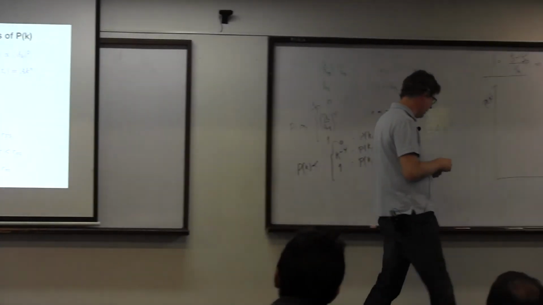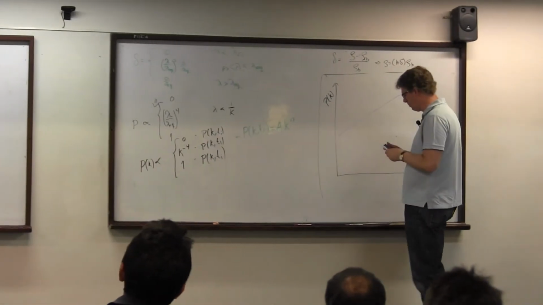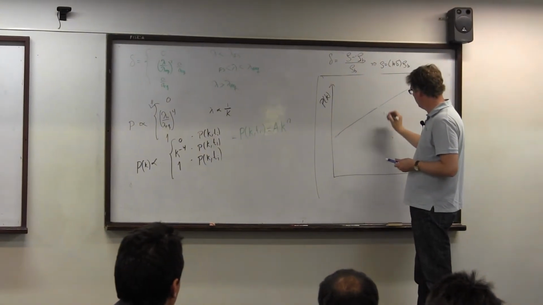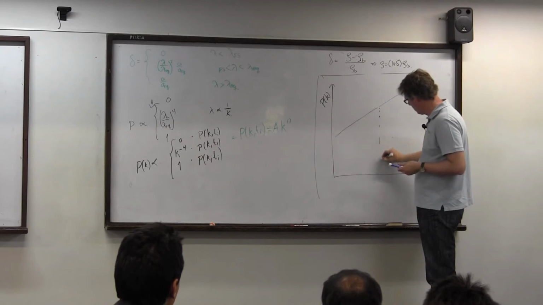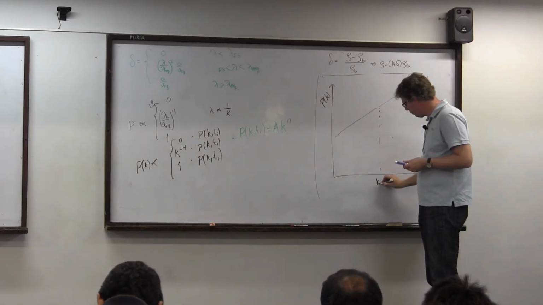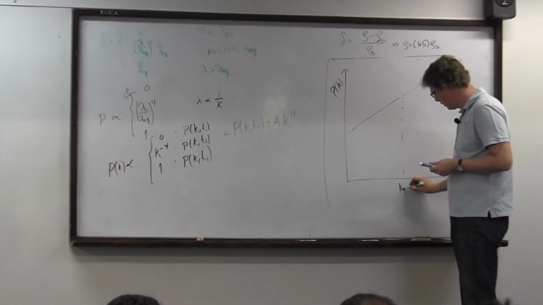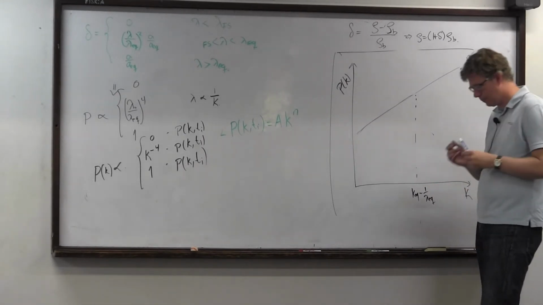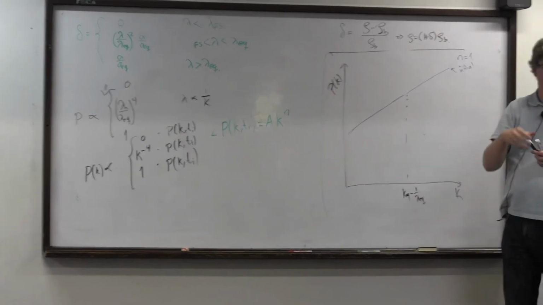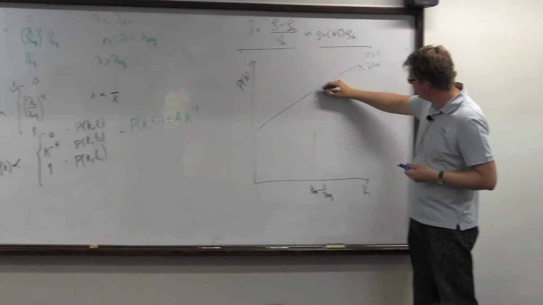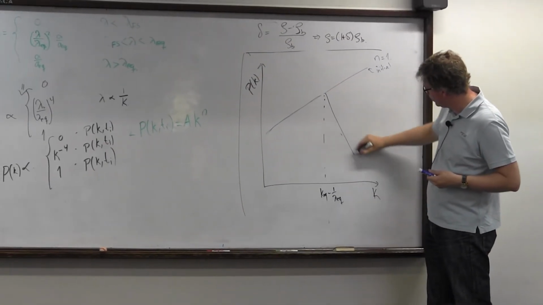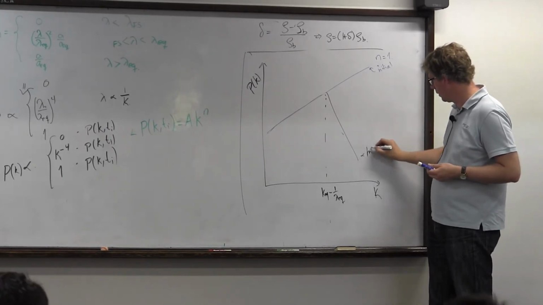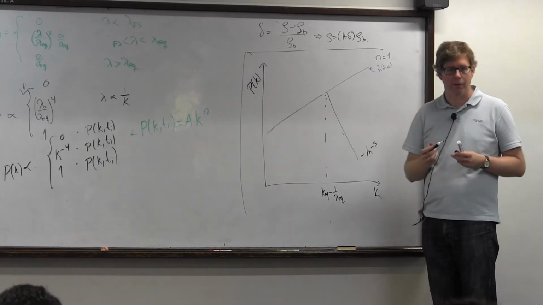So what I will get now as my final power spectrum is the same thing here, but here, at k equality, which is 1 over lambda equality, I will get a turnover. And I will get a power spectrum that drops proportional to k to the minus 3.